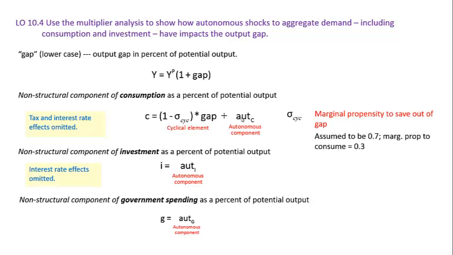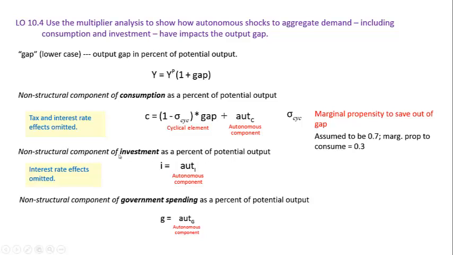For example, their house may rise in value, so they may increase their expenditures. They may become temporarily more optimistic. In this case, the autonomous component would be positive. They may be temporarily more pessimistic, in which case this autonomous component would be negative. So this is the autonomous shock, or the autonomous component to consumption.